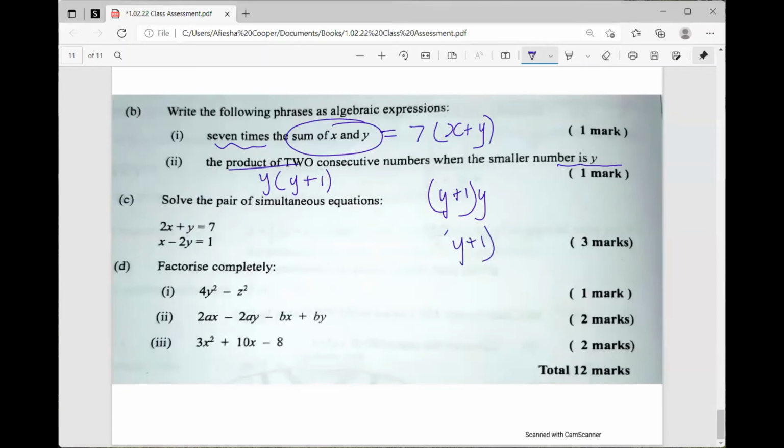Y plus 1 is the next number, the bigger number. Right, so product means to multiply. They said two consecutive numbers, but no, they said y is the smaller number. So therefore the number after y would be y plus 1, and then you just multiply these two.